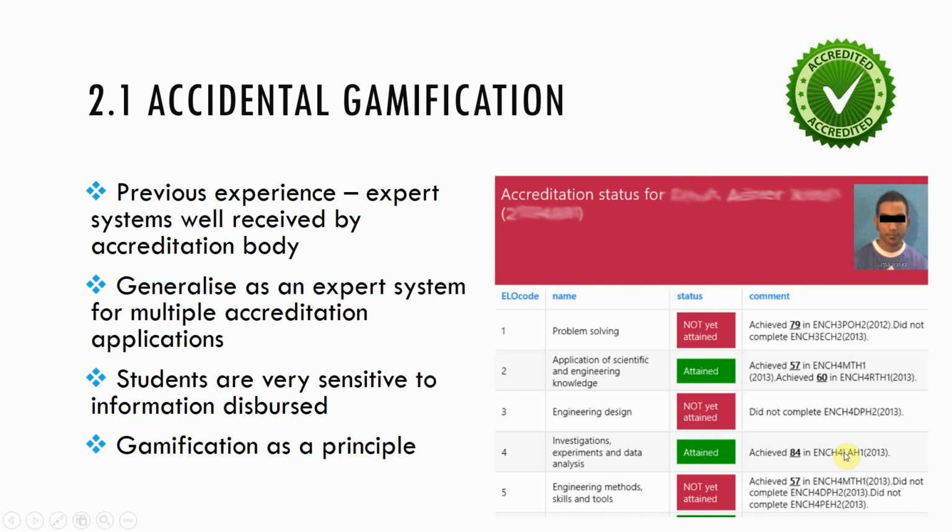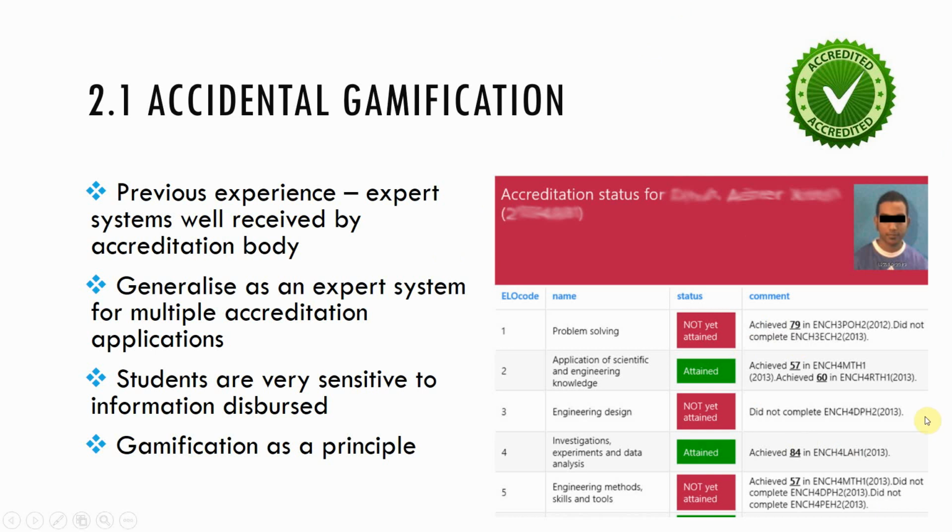It's able to determine whether or not students have attained the exit level outcomes, as they're called, and when we give students access to this kind of information, we find they are extremely sensitive to the things it's saying about them.